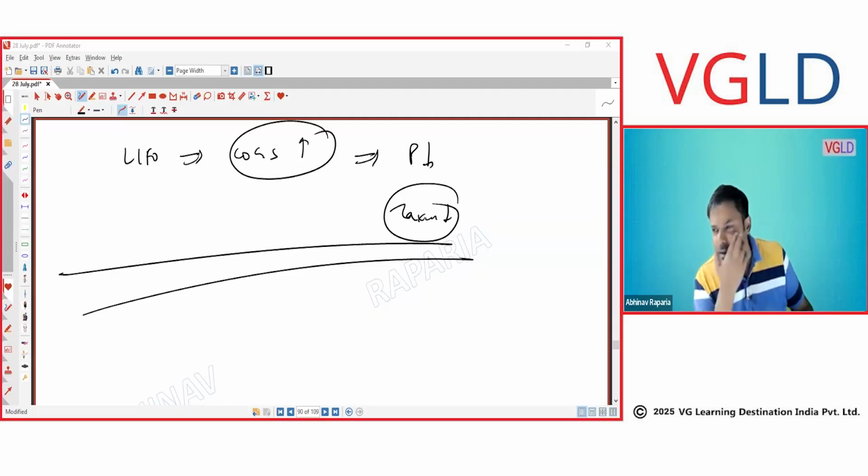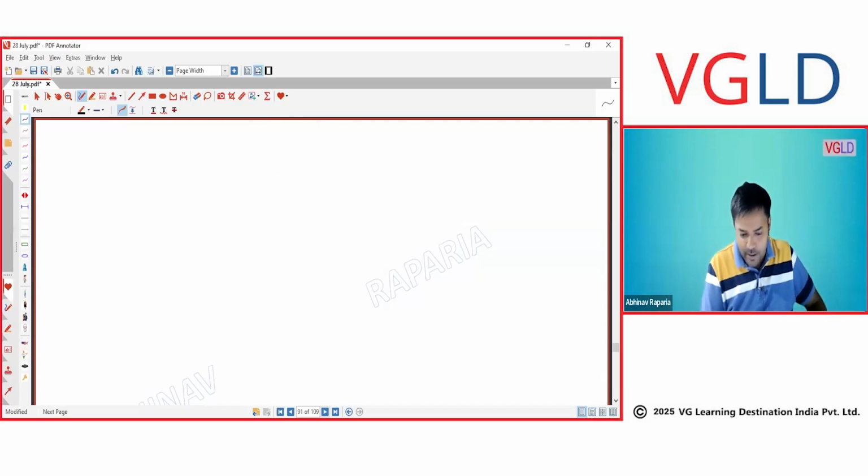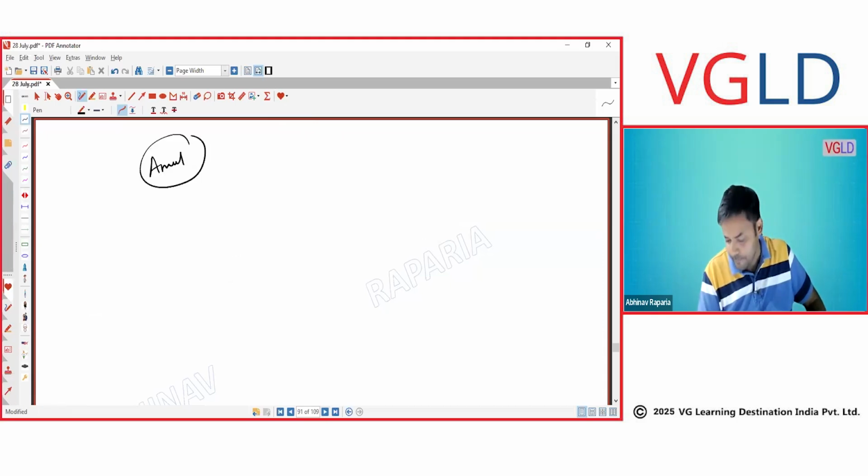It doesn't apply everywhere. Business is like that only. For example, Namrata, let's say you are running Amul. You understand Amul Dairy? How will you apply LIFO in Amul Dairy?